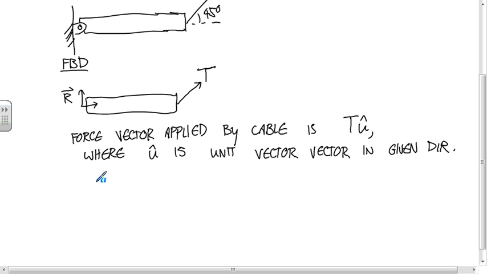Then that force vector is just going to be 0.7071 T, 0.7071 T. And now instead of having two unknowns, we've represented this force vector with a single unknown.